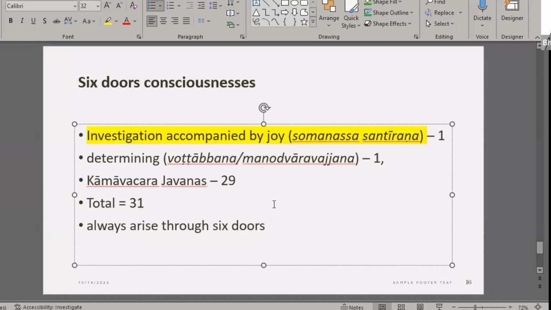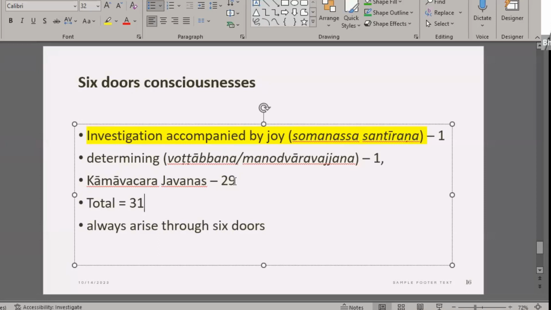So here we focus on this Chitta, though we may forget this one as it is a little bit tricky.